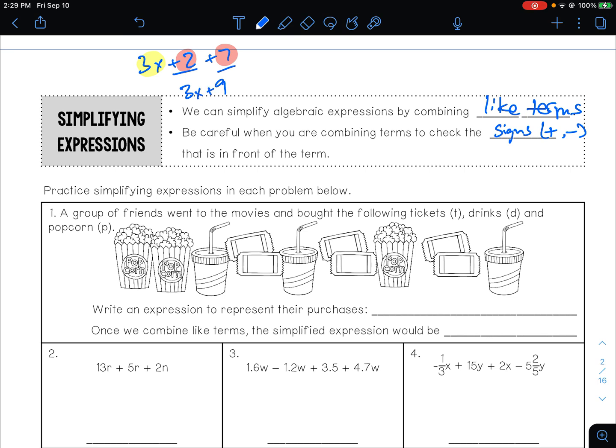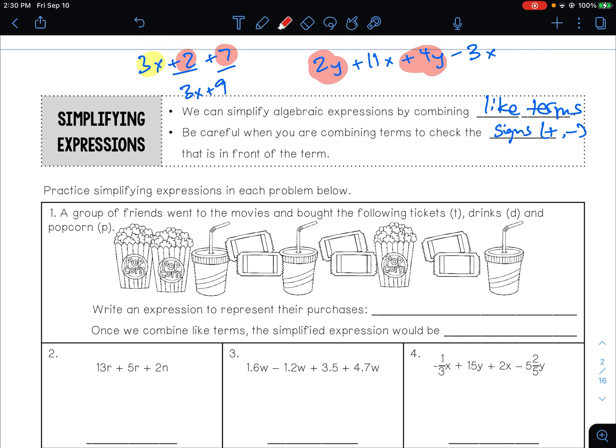Or to give you another example, if I had 2y plus 11x plus 4y minus 3x. Where are my like terms? Well, 2y, is there anything alike 2y? Not the 11x, but the 4y is definitely alike. It's a plus 4y. And the negative 3x, that's an x term.